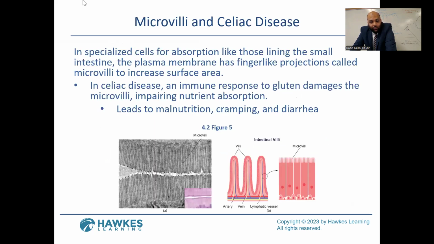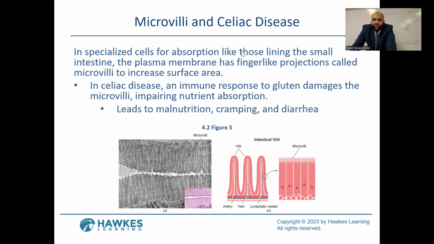So now, looking at microvilli and celiac disease. In specialized cells for absorption, like those lining the small intestine, we must absorb the food from the intestine into the blood.